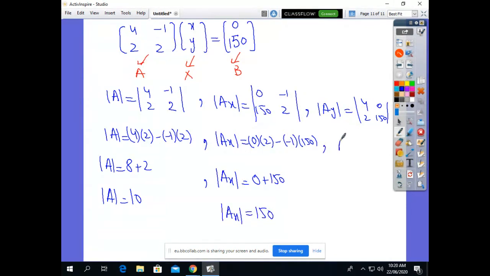At last, what is AY? 4 into 150 minus 2 into 0. That is, AY becomes 600 minus 0. AY is equal to 600.